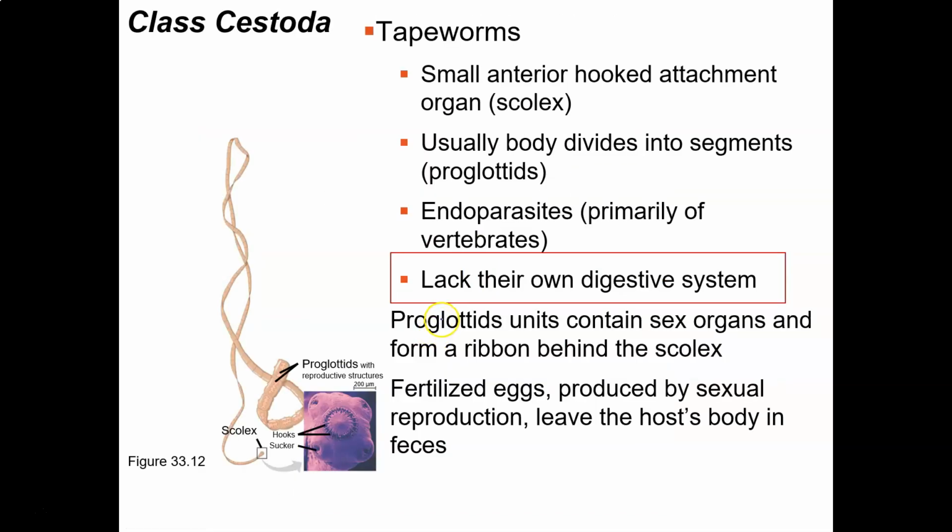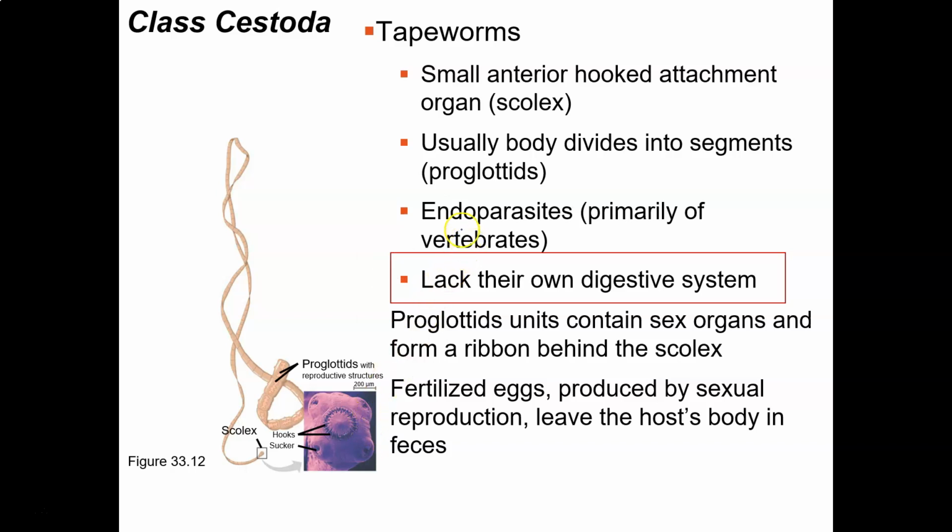The other platyhelminth that we know is a problem parasite for humans and birds and fish, and a lot of your pets, are tapeworms. They have a small anterior head, or scolex, that's got hooks in it for burrowing into the wall of an intestine.